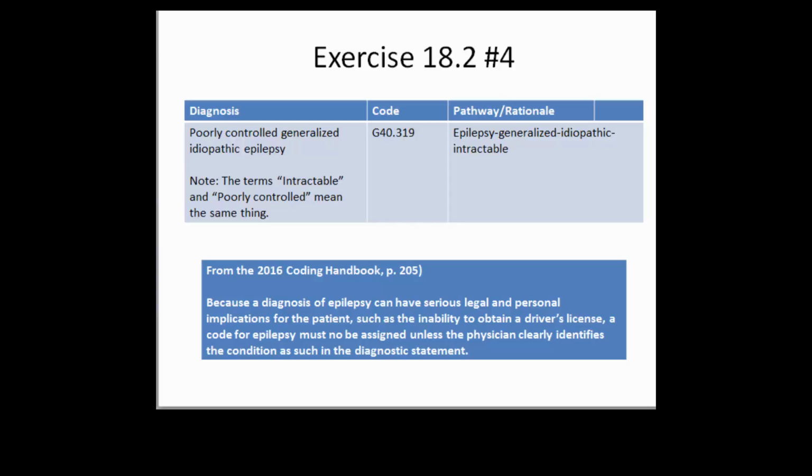Epilepsy, generalized, idiopathic, intractable. The point I want to make with epilepsy is taken from the code book on page 205. Similar to AIDS, you cannot code epilepsy unless you have a physician saying it very clearly that this person has epilepsy.